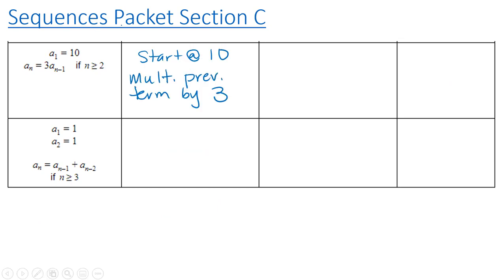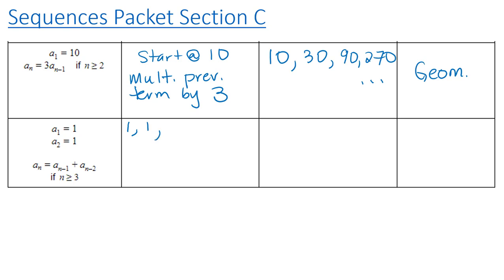With this formula, we start at 10, and then it says take the previous term and multiply by 3. This is a tricky sequence, but you've seen it before. 1, 1, and then this says take the previous term and the one before that and add them together.